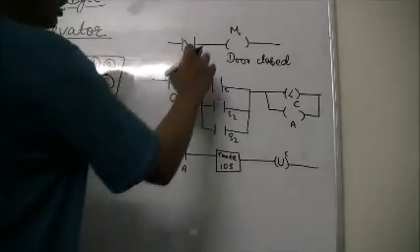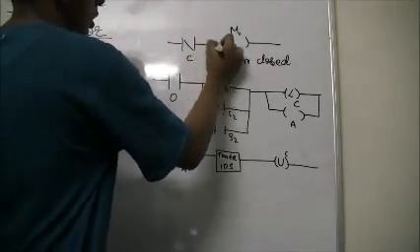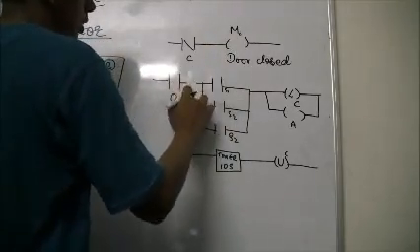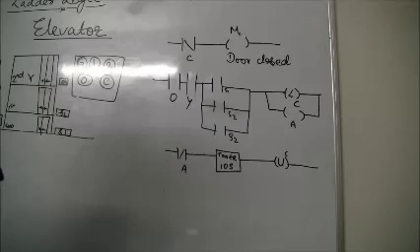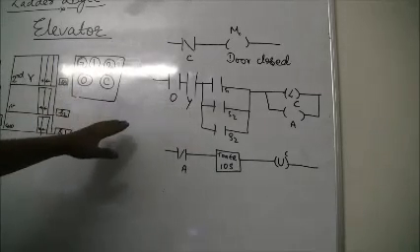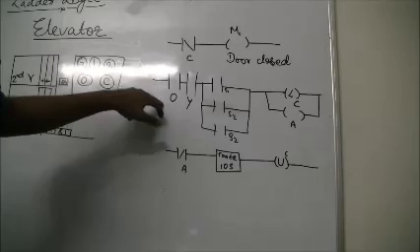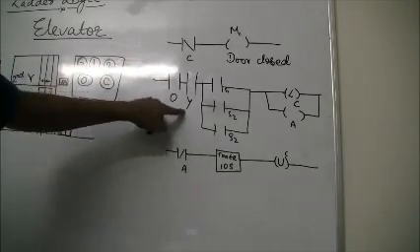Now if you put the sensor over here Y, this particular switch would be on only if the door is closed. So when you press the open button, it will check whether the door is open or closed. Okay, it's closed.